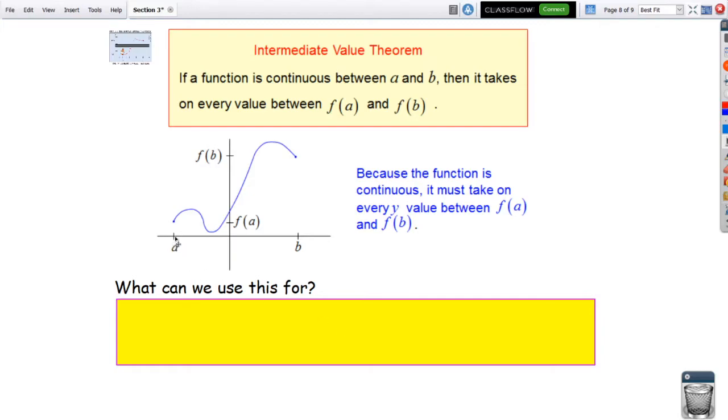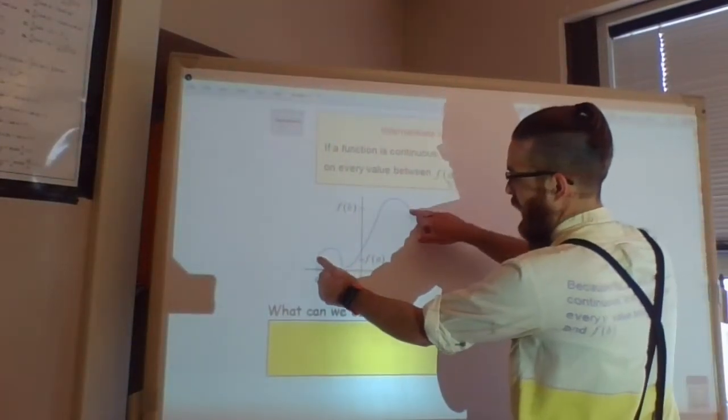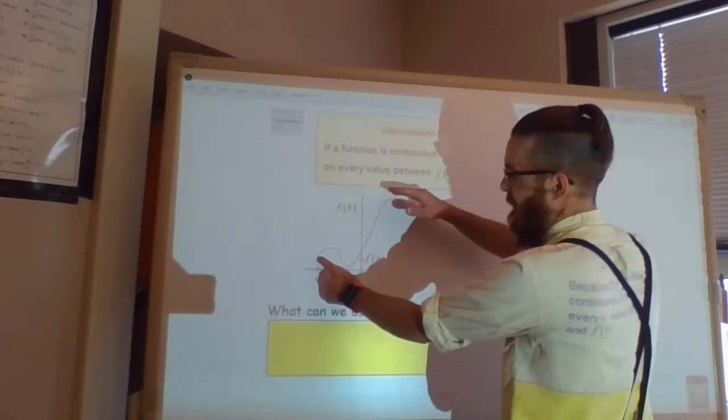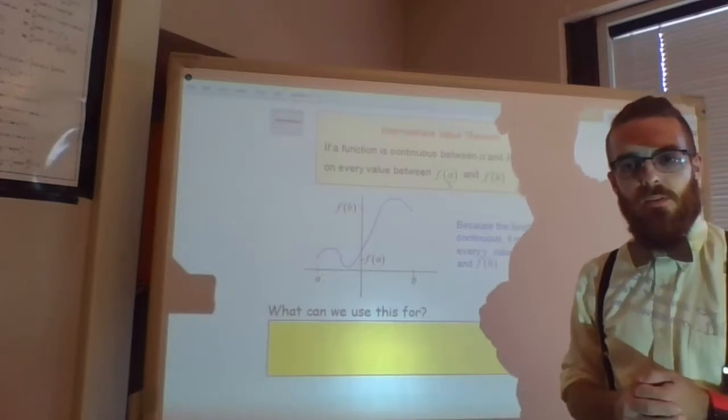If you have a function that you can't pick up your pen to draw, you have to keep your pen on the ground. What this is basically saying is, if you start over here and end over here, you have to pass by every height in between those two points.